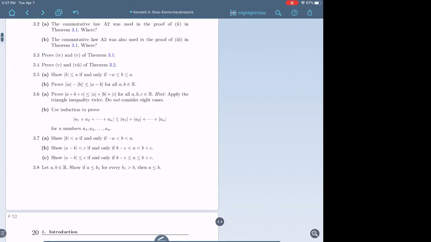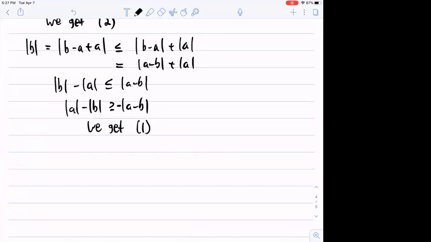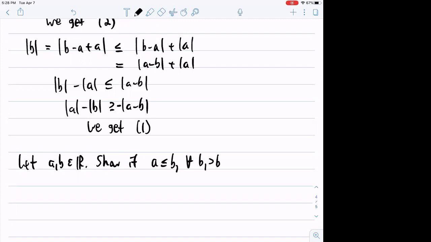Let's show this. This is an example where maybe we could try proving by contradiction, right? So let me just write it first. Let A, B be in R. Show if A is less than or equal to B1 for all B1 bigger than B. So this should be a B1 here.